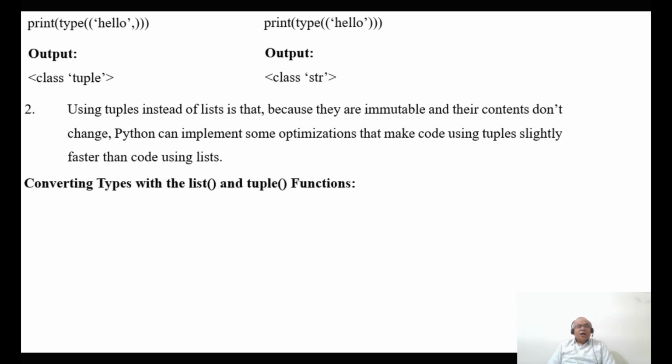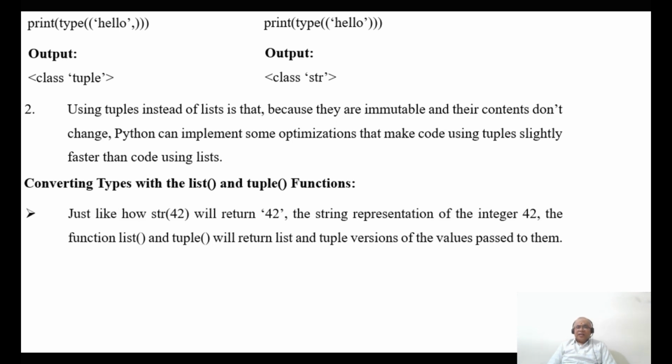How do we convert types with the list and tuple functions? Just like str(42), even though 42 is an integer value, if you call the function str, then the integer 42 will be returned as the string 42, the string representation of the integer 42.